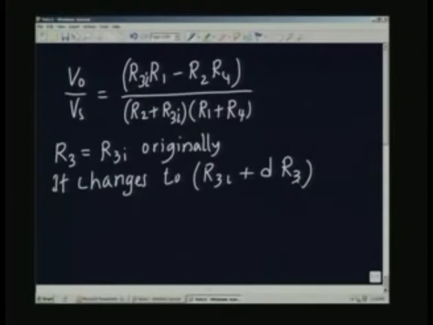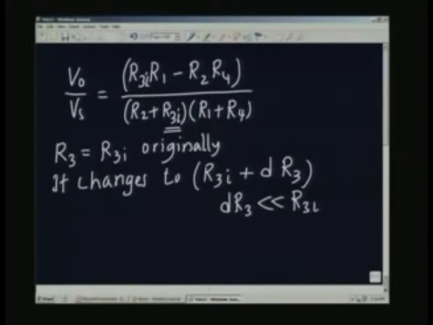A small change is going to take place because of the strain. So, wherever R3I is there, I replace it by R3I plus dR3, and then we will make the approximation that the change in resistance dR3 is very small compared to R3I, and therefore, in the denominator of this expression I will ignore the dR3.